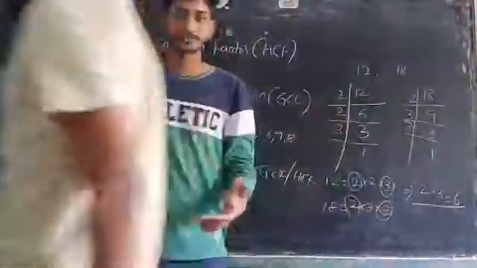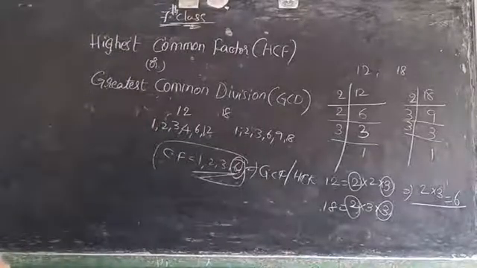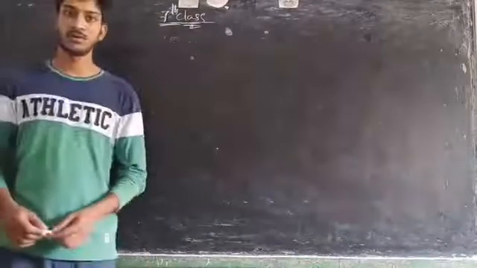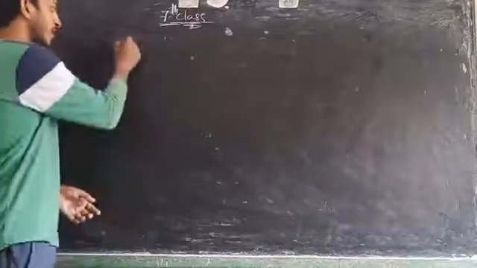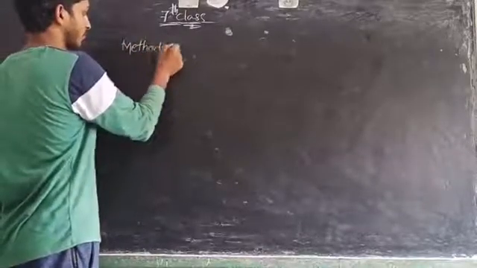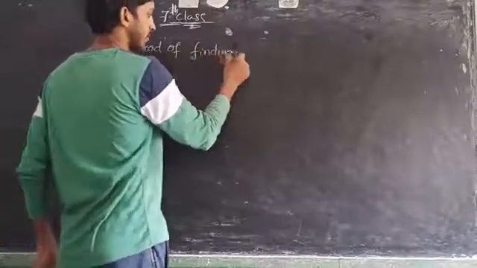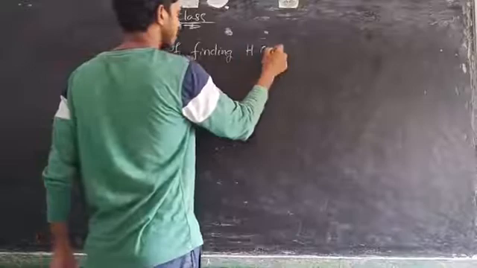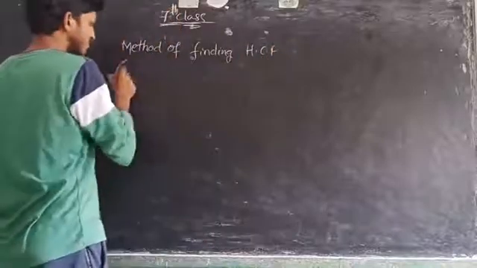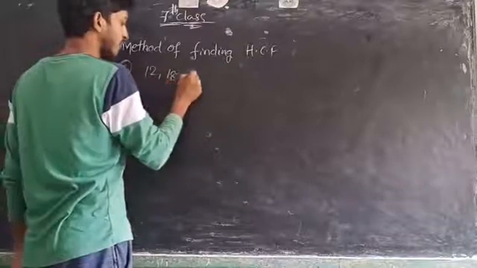Okay, children. Now, method of finding HCF. So first method is, see here, I am taking three numbers: 12, 18 and 24.